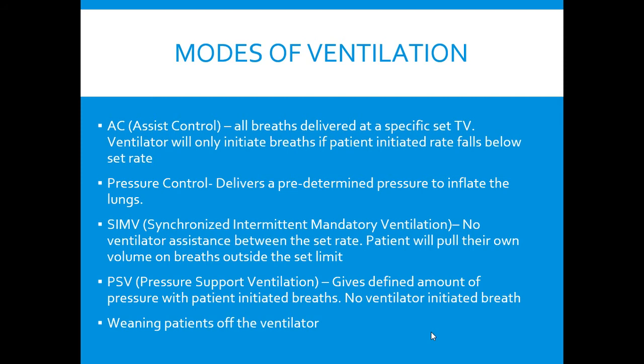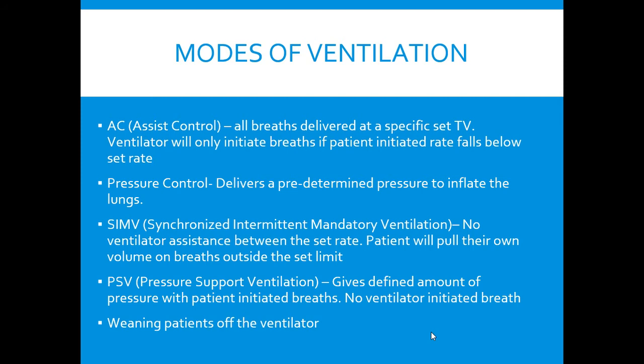The ventilator will only initiate breaths if the patient initiated rate falls below the set rate of the machine. And then there's continuous mandatory ventilation. This is the most common mode.